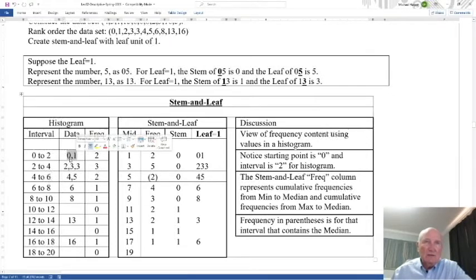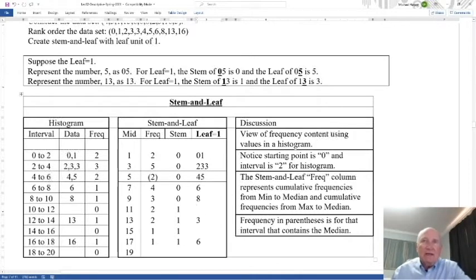So those numbers then become my histogram. What about 2, 3, 3? Well, the stem is 0 and the leaf is 2, 3, 3. Again, we have 4 and 5, and then we have 6, and then we have 8, and then we have 0. It's blank. It can't be 0. It's blank. So I leave it blank.